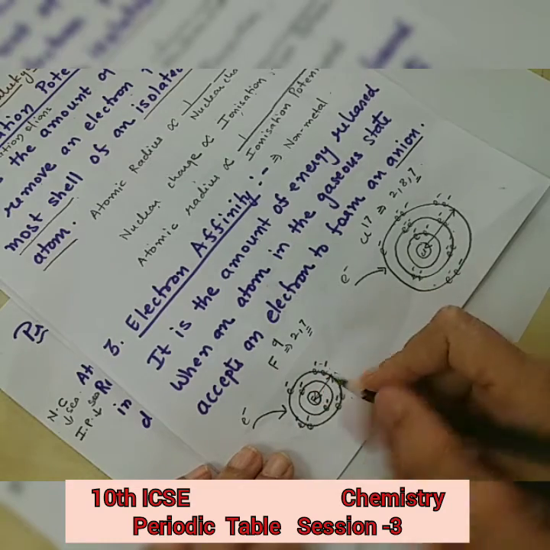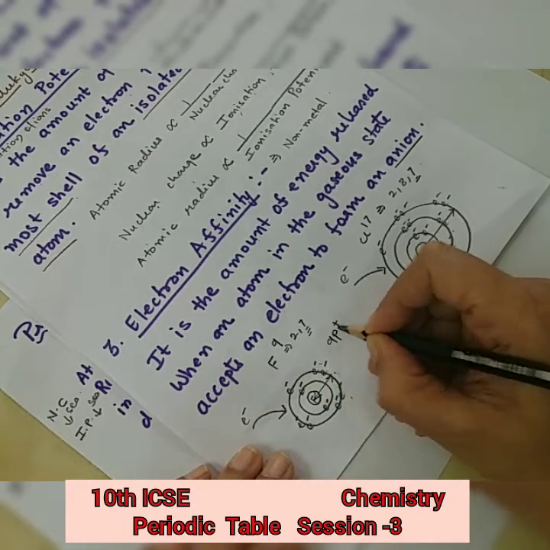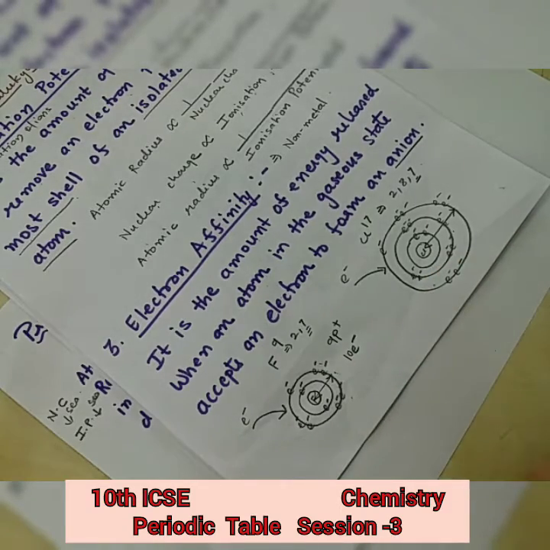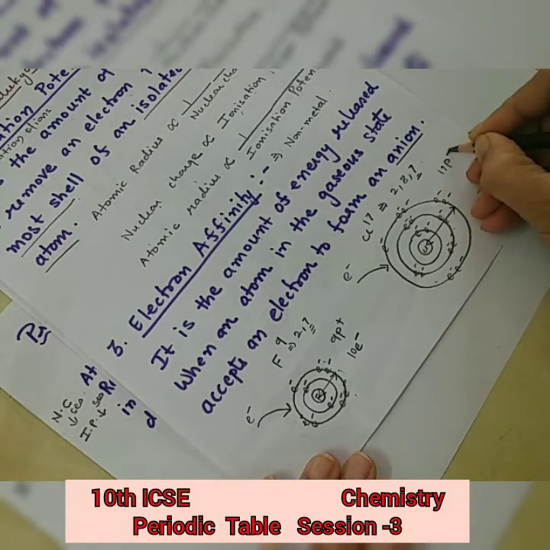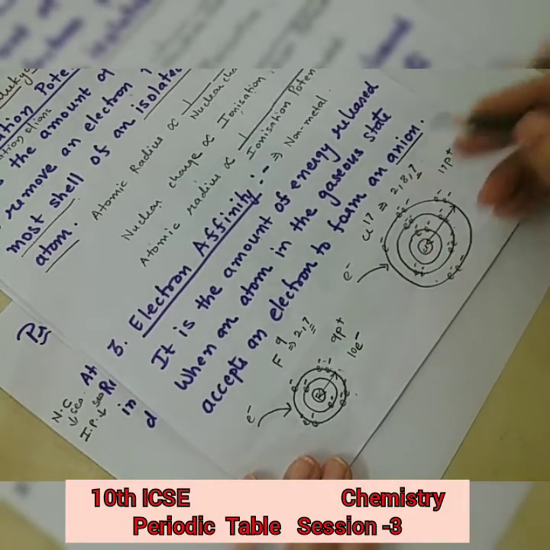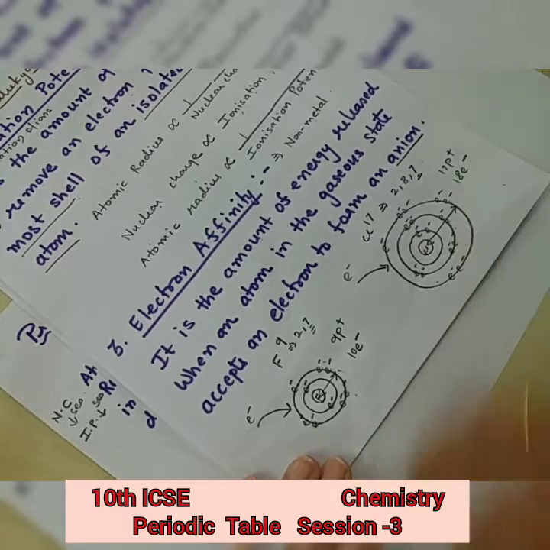So when chlorine or fluorine will accept one more electron, what will happen? When the electron is added over here, the 9 protons remain the same, but the electrons will increase by 1. Here 17 protons remain the same, but when we are adding one more electron, before 17 electrons are there and now 18 electrons.